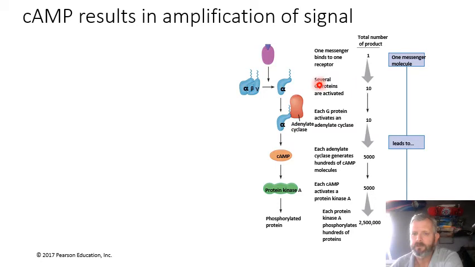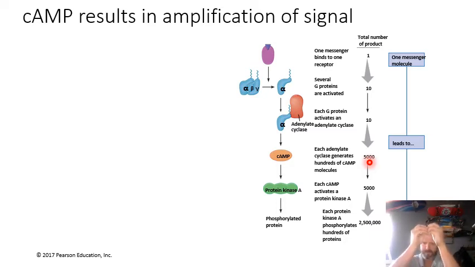That allows those G proteins to each go activate adenylate cyclase enzyme. And those 10 adenylate cyclases can catalyze many reactions, producing, let's just say, 5,000 cyclic AMP molecules.